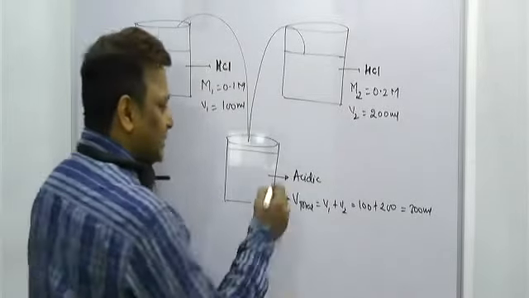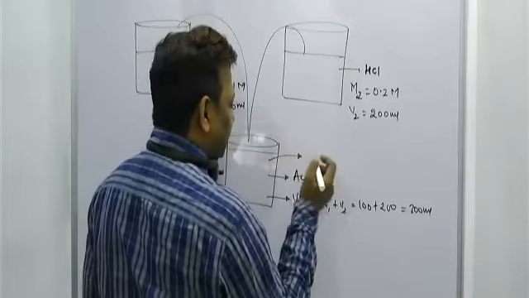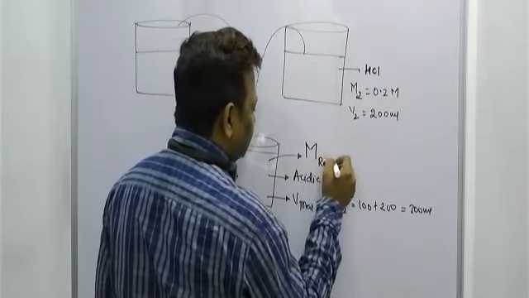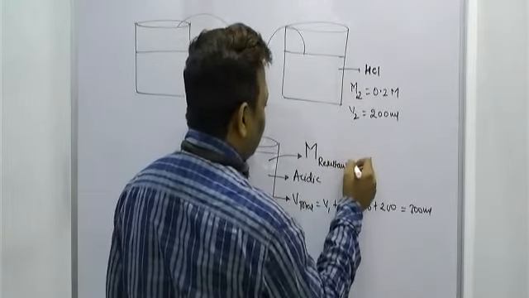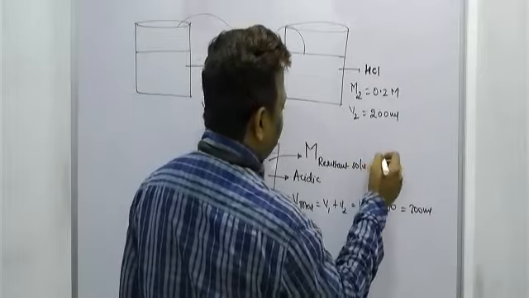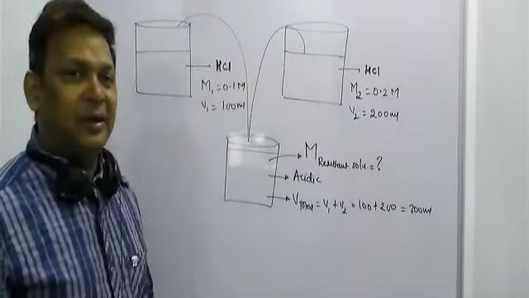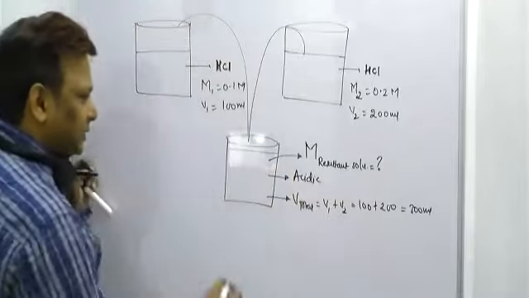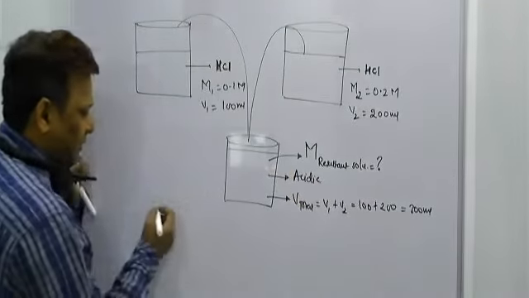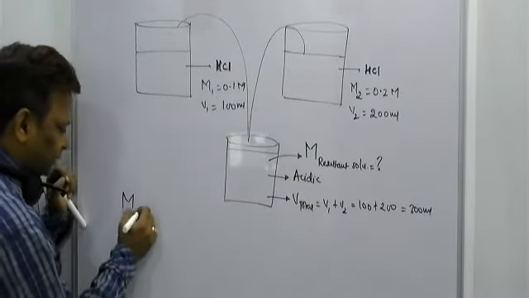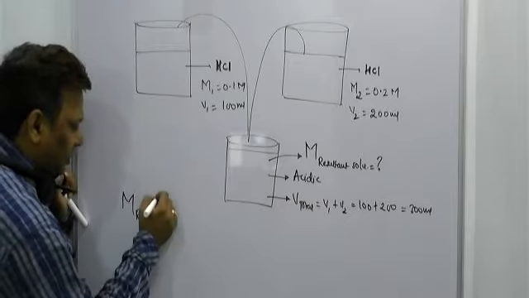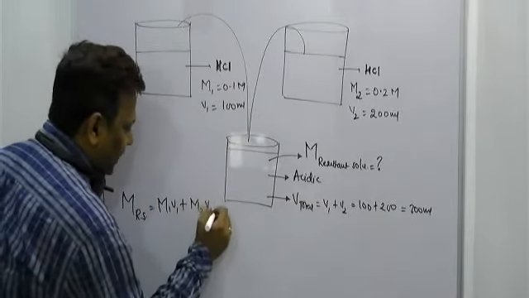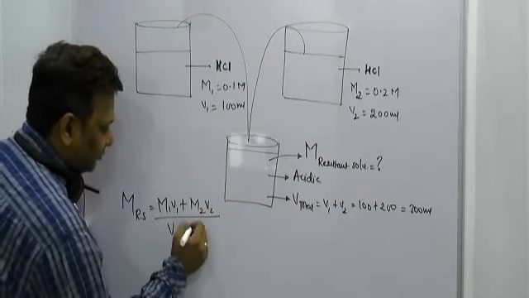Now they will ask, what is the molarity of the resultant solution? To calculate it, this is the method. Molarity of resultant solution is equal to M1 V1 plus M2 V2, divided by V1 plus V2.